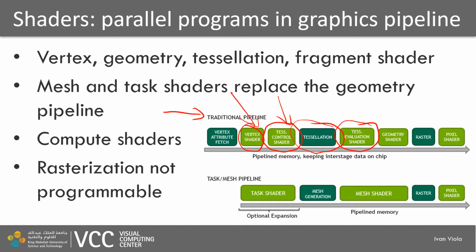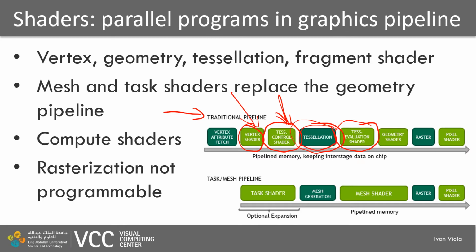All three, we see that the light green shaders are those which are parameterizable or programmable, and the dark green ones are not. So we cannot do anything about these. They are there and they just do their job.